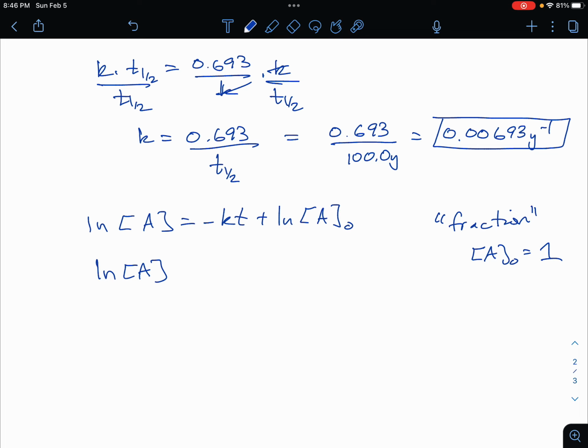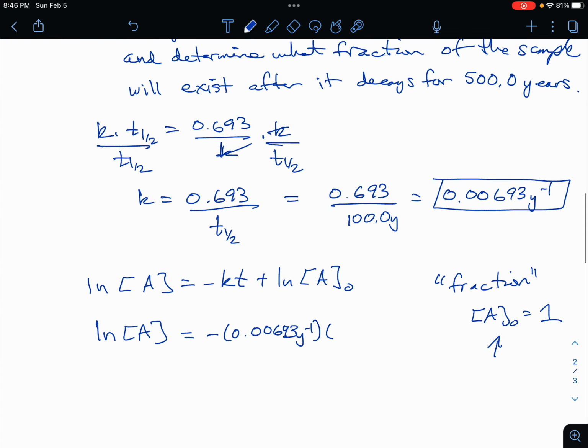It doesn't matter what the units are here. Logarithms make units disappear anyway. If you like to think of it in straight up percentages, you could make your A naught here 100, and that would be fine. It's just a little extra work because the ln of 1 is 0, so this just makes everything go a lot faster if you do it this way.